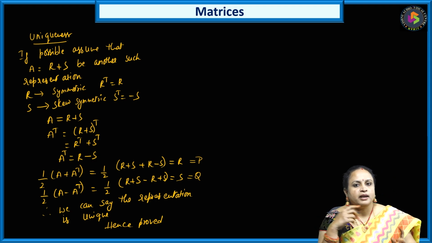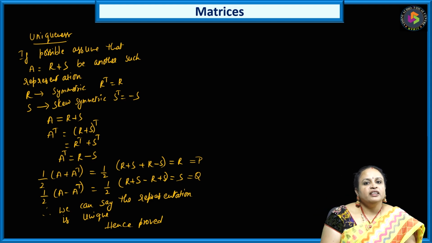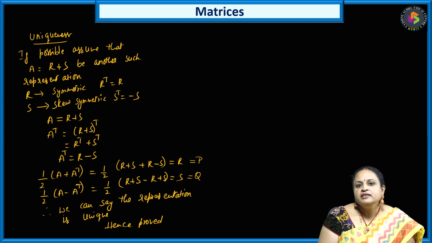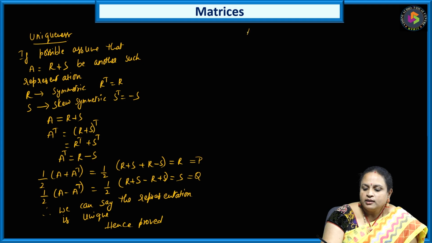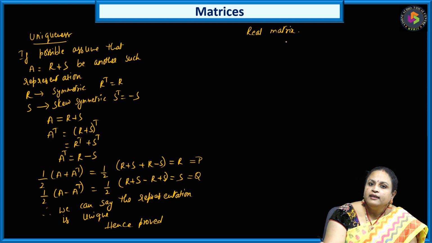Now, let us see what we mean by a real matrix and a complex matrix. Till now, we have seen matrices in which we were entering the elements. If the elements in the matrix are real numbers, then we call such a matrix a real matrix. And then we have a complex matrix, in which the elements are complex numbers.